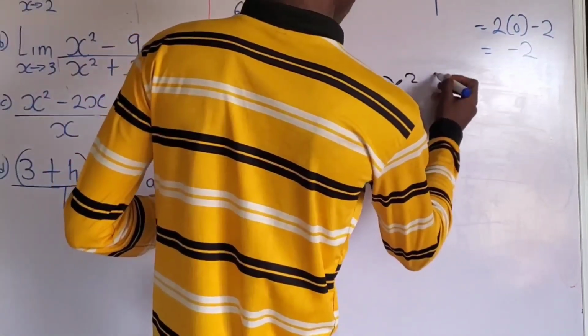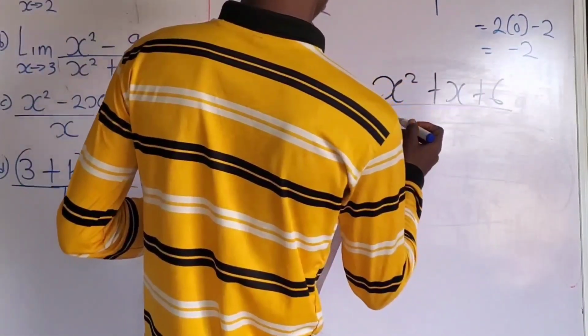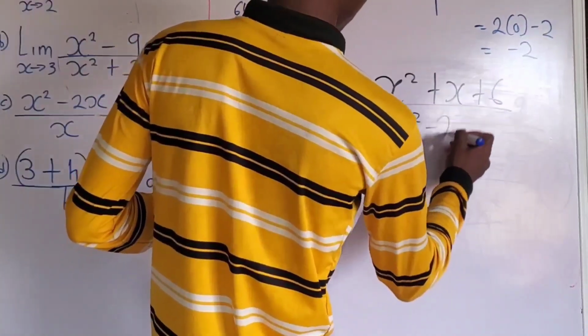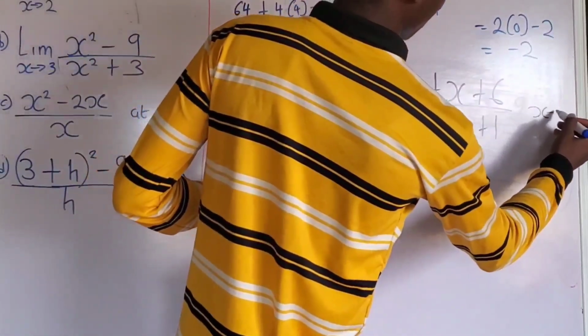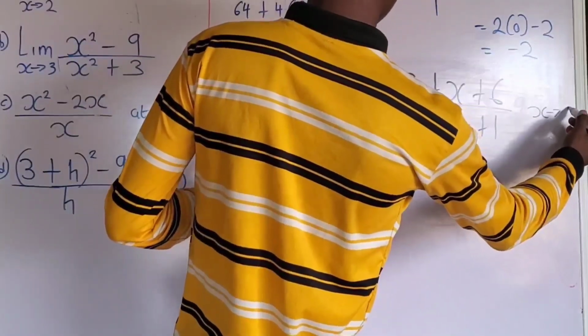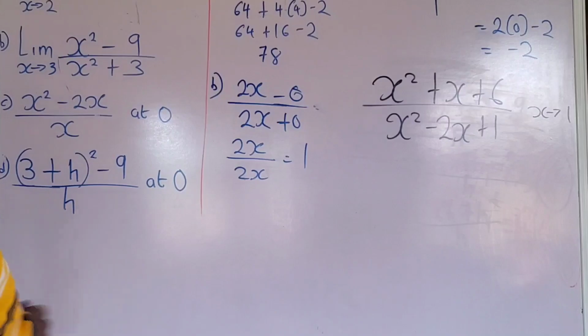X squared plus x plus 6 all over x squared minus 2x plus 1, as x tends to 1. I want you to take the limit of this function as x tends to 1.